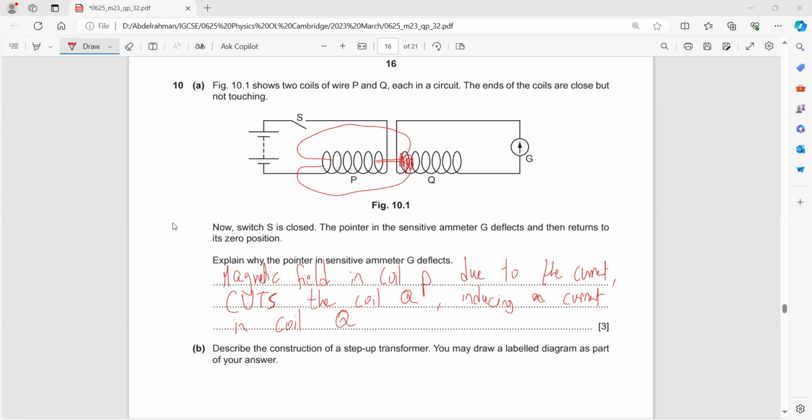By passing a current in it. So whenever you pass a current in coil P, a magnetic field will be created in coil P. This magnetic field will cut coil Q. Whenever it cuts coil Q, it will induce. What do I mean by induce? It will generate a current in coil Q.